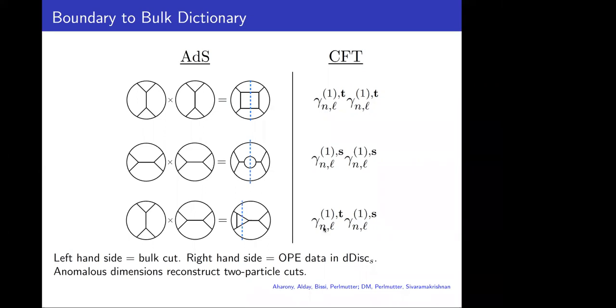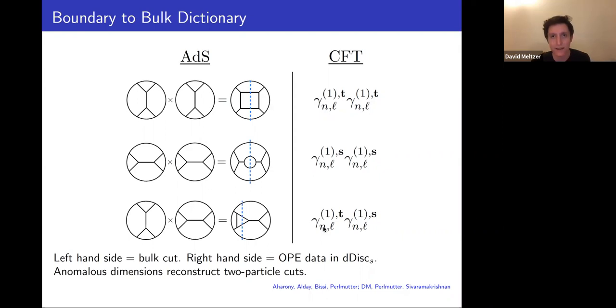Yeah, but I was thinking whether you can make a statement about the double discontinuity in a CFT with purely stress tensor. Yeah, so there is a way. It's very technical and very difficult, but there's a way of going to loops purely by solving boundary crossing symmetry.